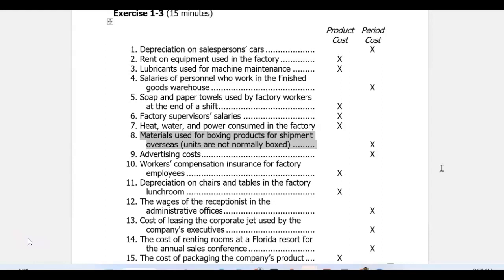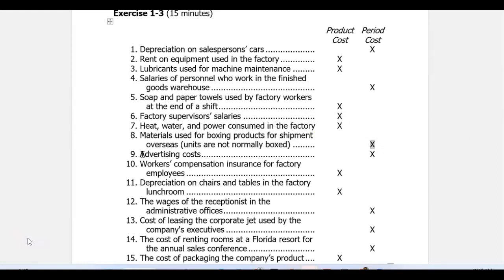Remember, if you spend money to ship your final product to someone, including the box, that will be freight cost. The box will be part of selling expense, supplies, or you can add it to the freight cost. And that's a period cost.